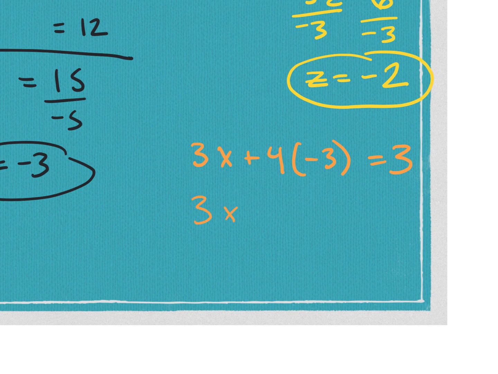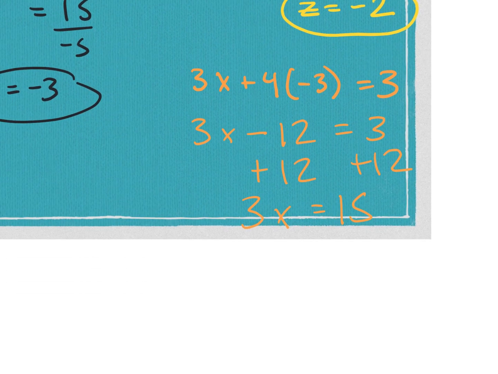So 3x, what's 4 times negative 3? Negative 12 is equal to 3. What should I do next? Add 12 to the other side. So 3x is equal to 15. Divide by 3. X is equal to 5.